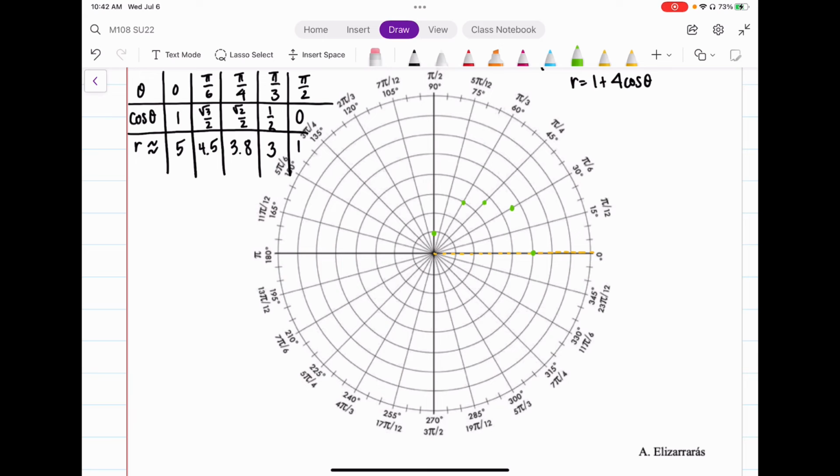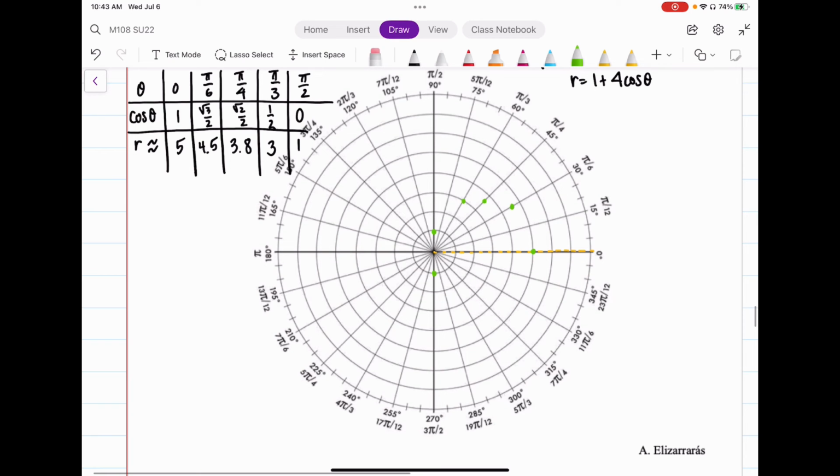Now I can mirror that using the polar axis. So at theta equals pi over 2, I was at 1, so now I'm going to drop down opposite that. At theta equals pi over 3, I was at 3, so I'm going to go to 5 pi over 3 and do 3.